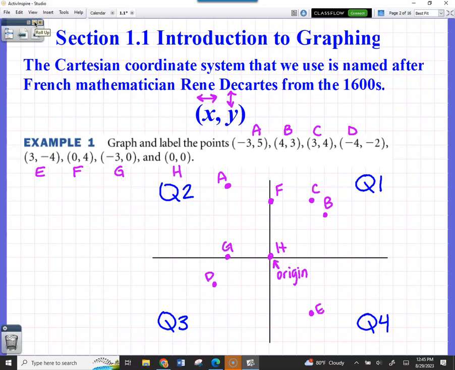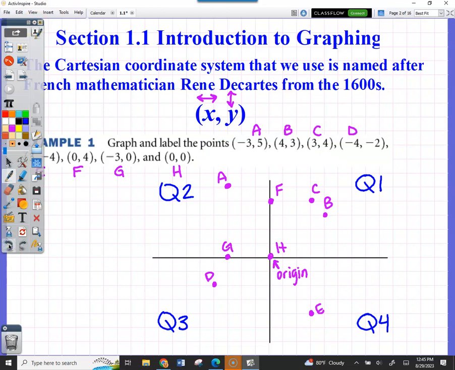Here's a technique that I use in naming the quadrants. So this is the coordinate plane, right? What does coordinate plane start with? Coordinate starts with a C. How do you draw a C? Like that. So think coordinate plane, labeling the quadrants on the coordinate plane, go in the direction of drawing a C for coordinate plane. So let's take some notes.